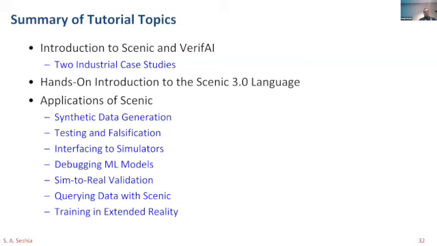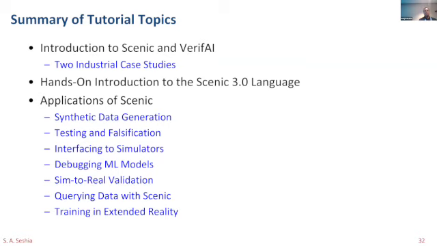Then Daniel led the hands-on introduction to the Scenic 3.0 language. For those of you who haven't tried it out, the website has the links to the two Google Colab hands-on tutorial examples, so please go through those. Then we talked about applications of Scenic: synthetic data generation, testing and falsification, interfacing to simulators.